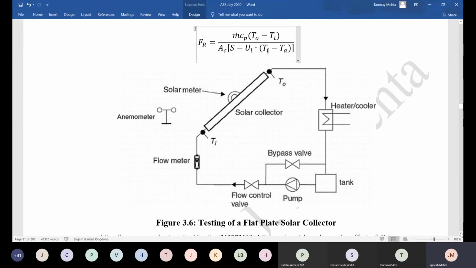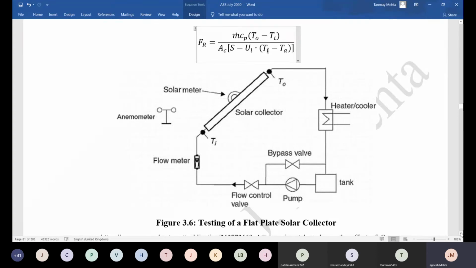Now, these tests are many times done with artificial solar radiation generators, because you want to keep the radiation constant. If you test it outdoors, keeping the solar energy constant would be next to impossible, right? Or you have to test it very close to solar noon in a clear sky. In that case, the variation would not be very high.